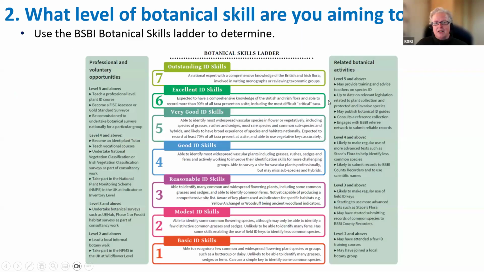What level of botanical skill are you aiming to engage with? And the botanical skills ladder that is on the BSBI website is a really good way of dealing with that.